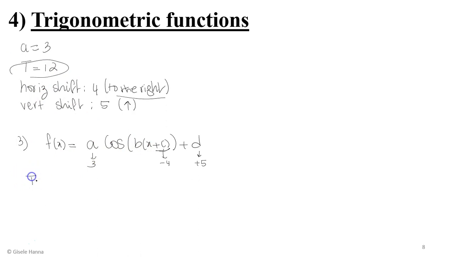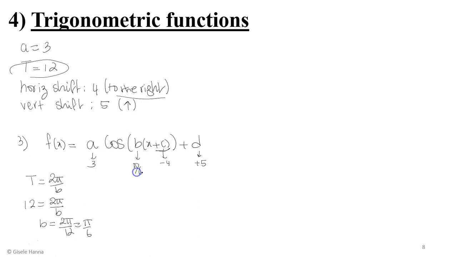We know that T is 2 pi over B, and T is in fact 12. Sorry, where did I get the 3 from? I was looking at A. So over here, B would in fact be 2 pi over 12, which is pi over 6.